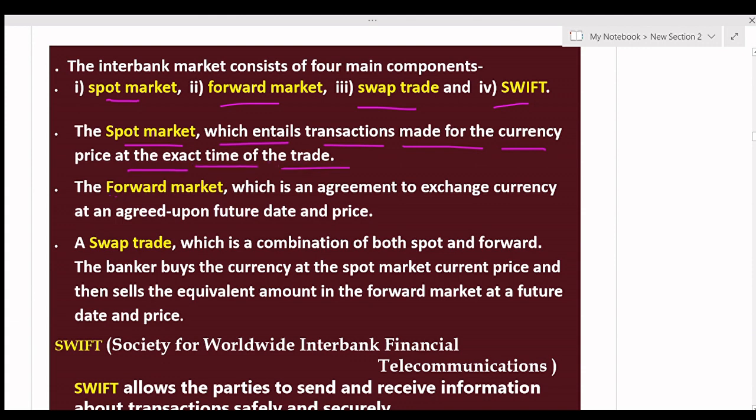The forward market is an agreement to exchange currency at an agreed upon future date and price. A swap trade is a combination of both spot and forward. The banker buys the currency at the current spot price and sells the equivalent amount in the forward market at a future date and price.